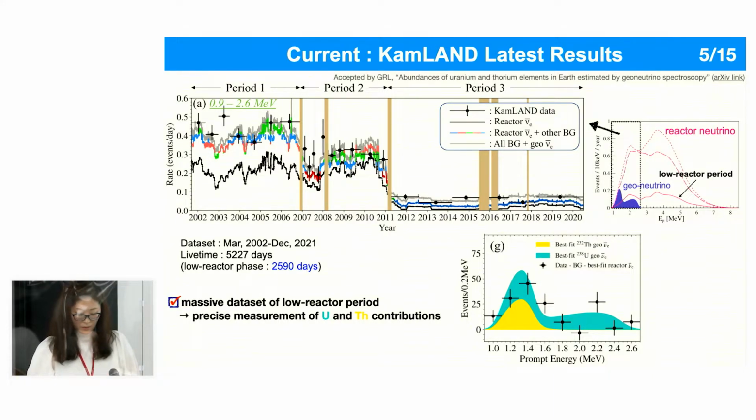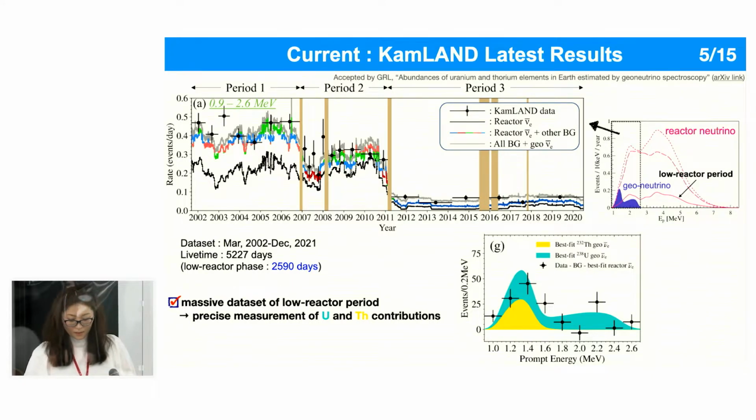The top part shows the event rate, expected reactor neutrinos, and background in terms of time. I won't go into detail, but after the March 11 earthquake in the Tohoku area, many of the Japanese reactors shut down, which gave us very clear data for the geoneutrino measurement.